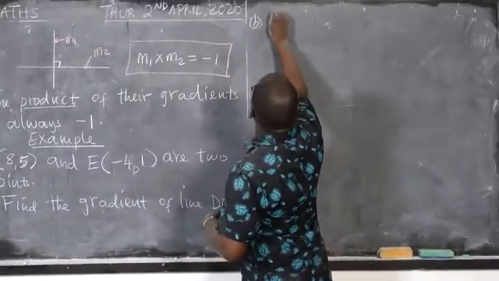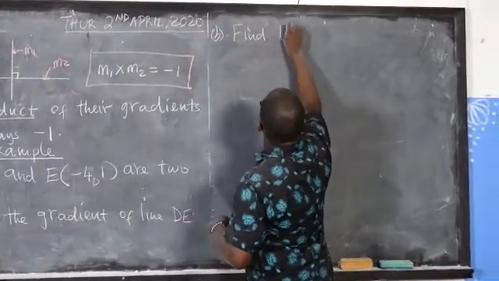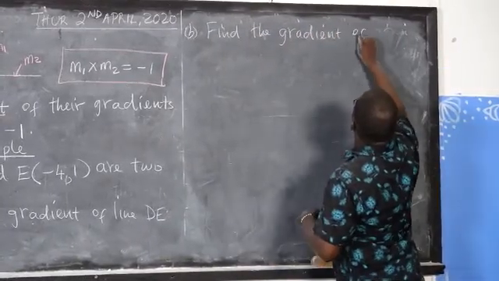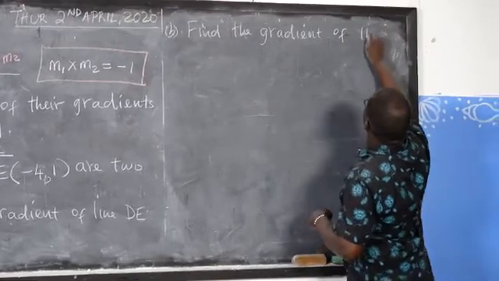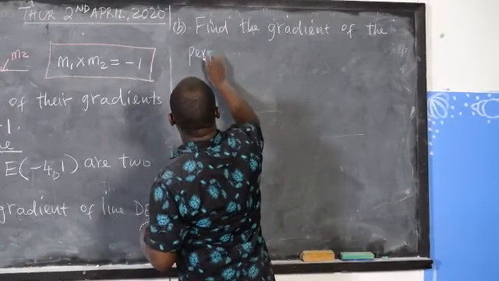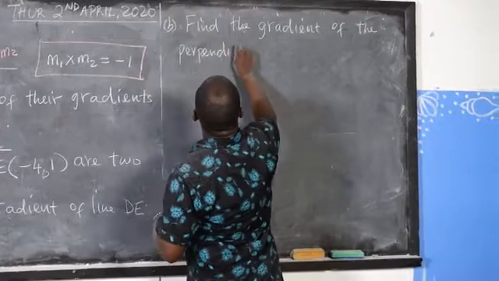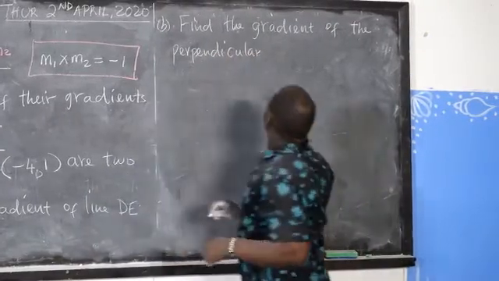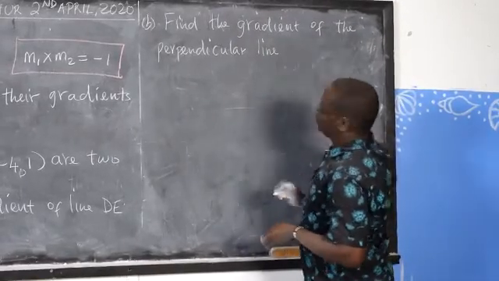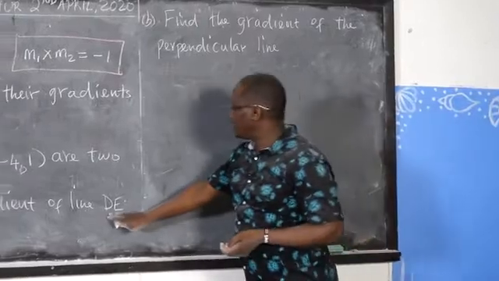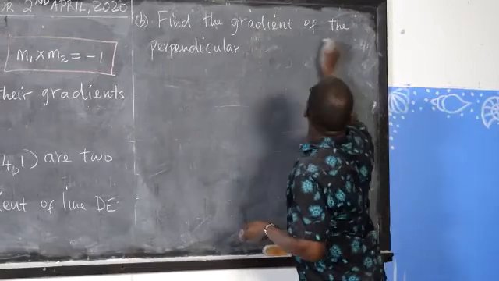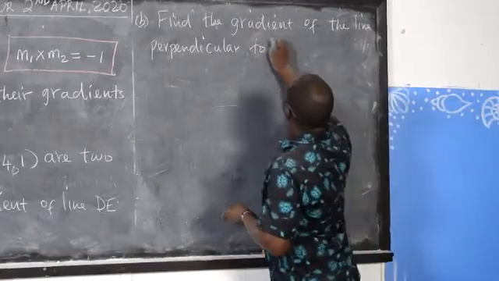The second question: find the gradient of the line perpendicular to the line DE.